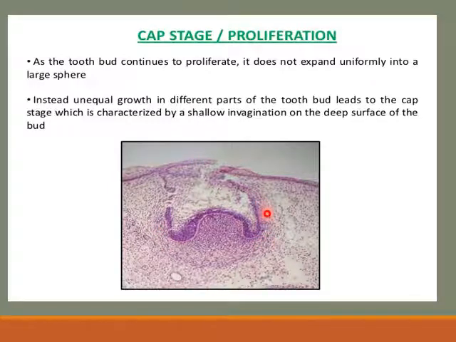Both dental sac and dental papilla are from the ectomesenchymal cells, while the origin of the enamel organ is from the oral epithelium. Why from the oral epithelium? Because the dental lamina is from the oral epithelium, and the oral epithelium is from the ectoderm.